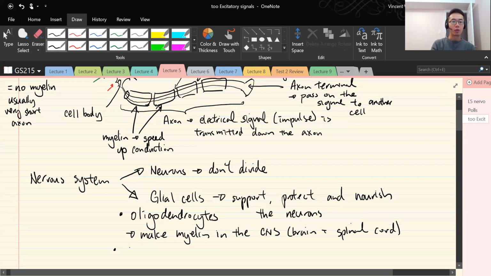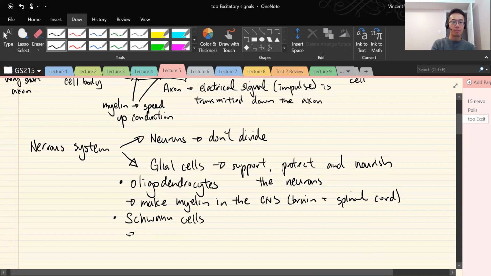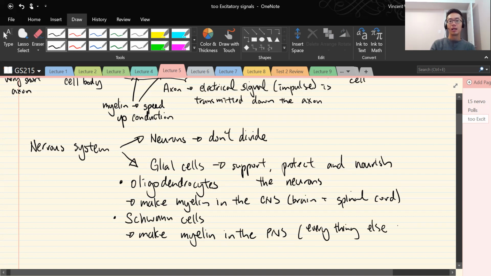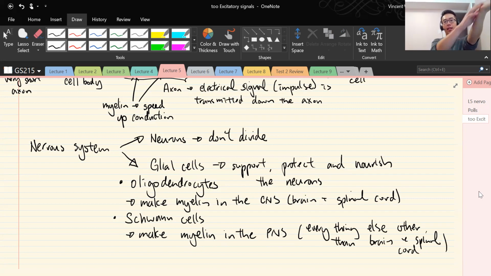And then we have something called Schwann cells. What they do is they make myelin, the stuff that speeds up conduction, in the PNS, the peripheral nervous system, which is everything else in the nervous system other than the brain and spinal cord. Like you would have nerves running down your hands, right?